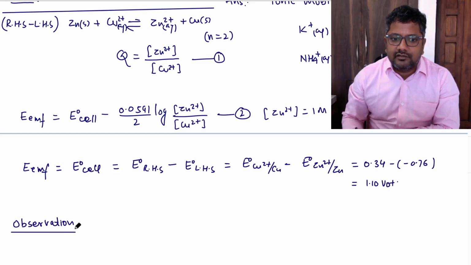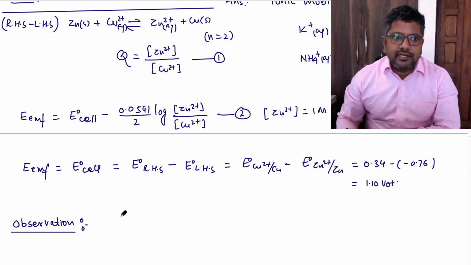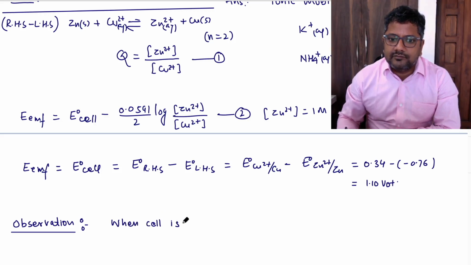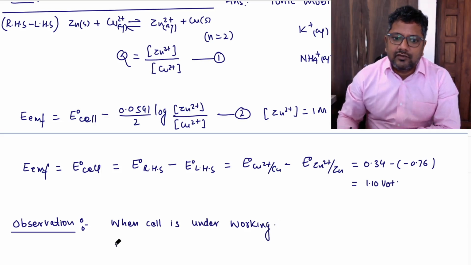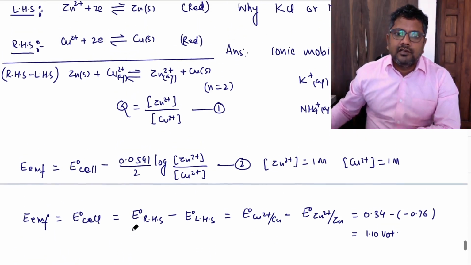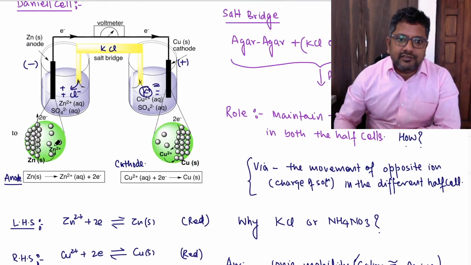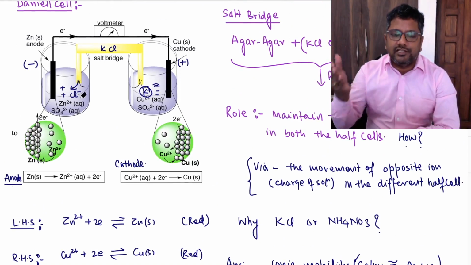Okay. Now see, I am writing some observations. What observation? When the cell is under working, first point: see what is happening, zinc ions are coming to the solution, so the concentration of zinc ion will increase with time, right?